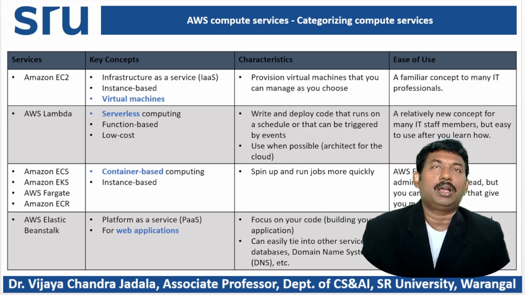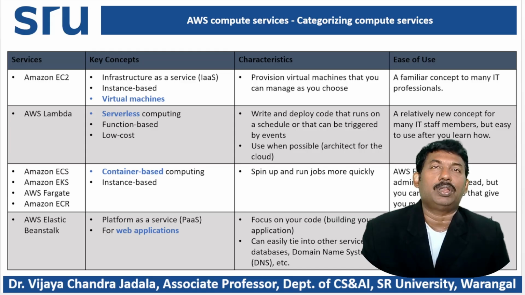Then comes VMware Cloud, a virtual machine related cloud. It is generally used for the hybrid cloud for custom hardware. Then AWS Elastic Beanstalk will provide services that run and manage web applications.